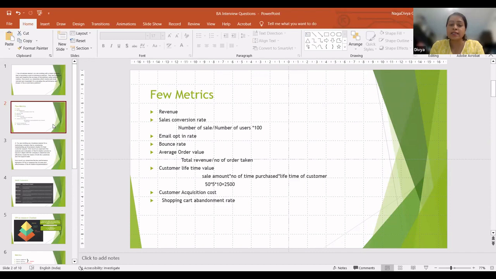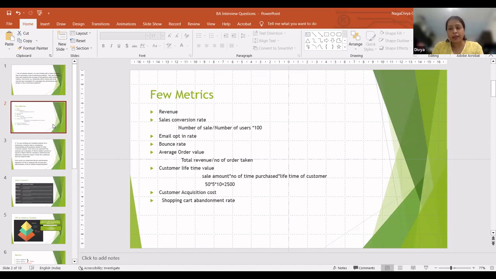The next one is customer acquisition cost. Customer acquisition cost is nothing but how much amount you're spending in order to acquire one customer. There are various types of marketing which we do, like SEO and email marketing. If you say SEO, the amount spent in SEO is 1,000 rupees, and you have acquired 100 customers.